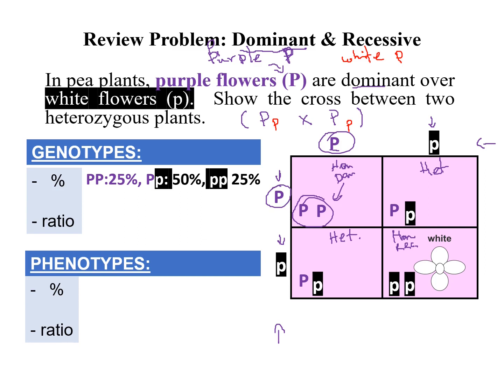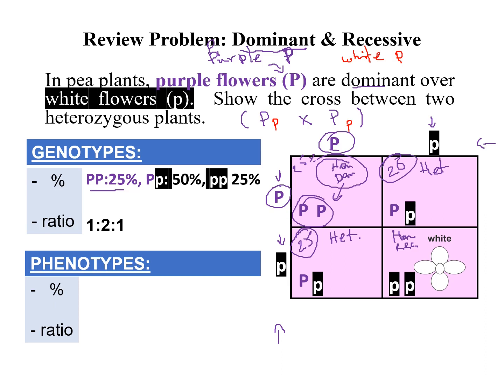So now that we know all the colors and how the flowers will look, we know the genotypes: 1/4, 25%, will be homozygous dominant here. So here is 25%. Heterozygous, we will have 50%, so 25 here and 25 here.